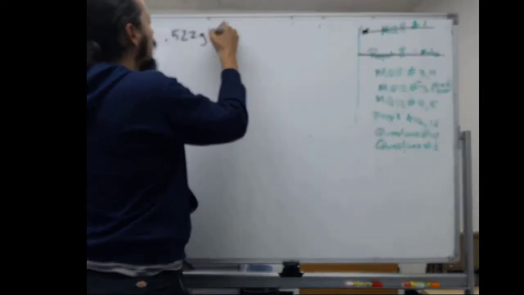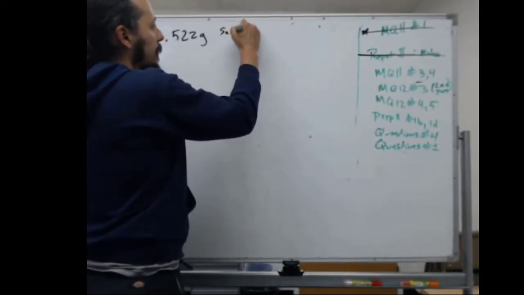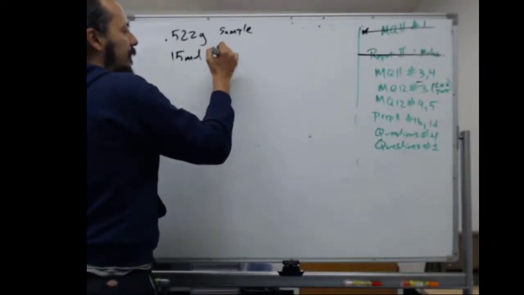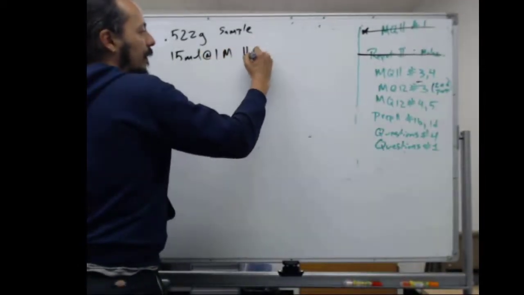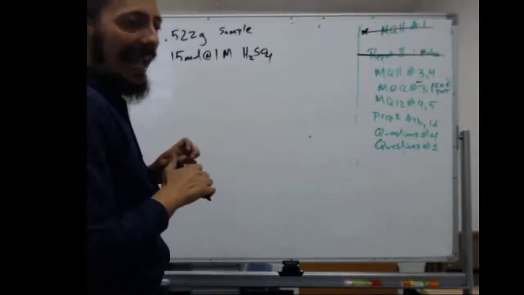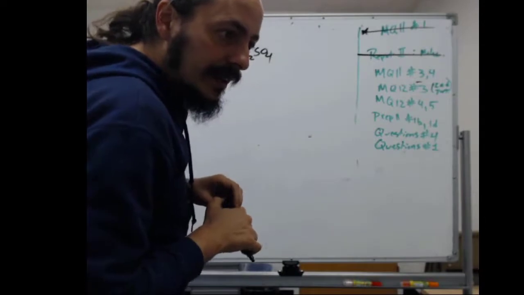0.522 grams sample. We're going to do 15 milliliters of 1 molar sulfuric acid. Noticing that there are 2 protons for that sulfuric acid is going to be important.